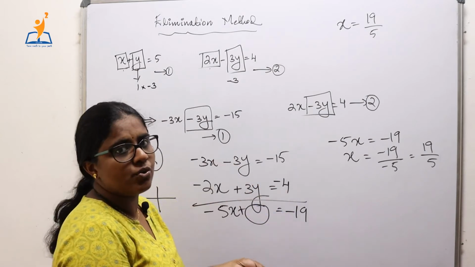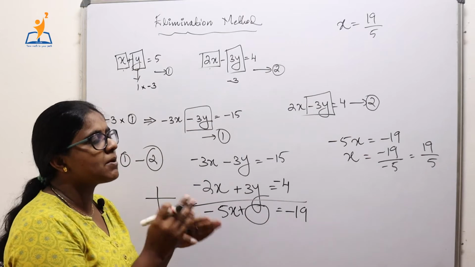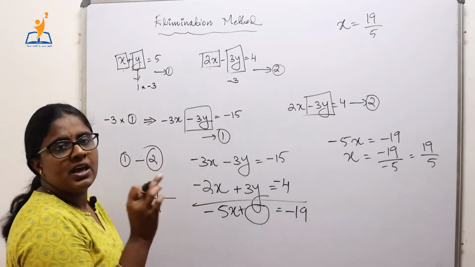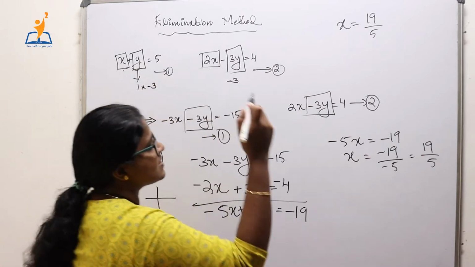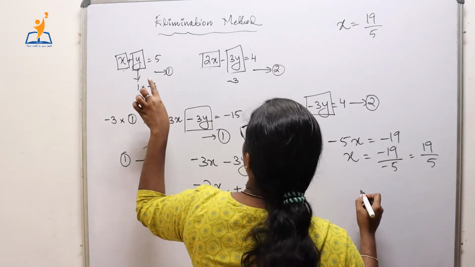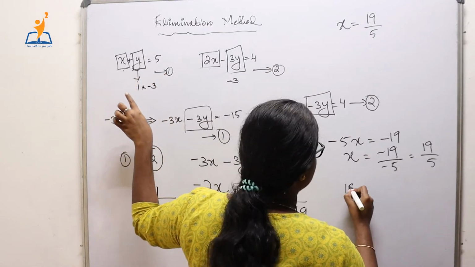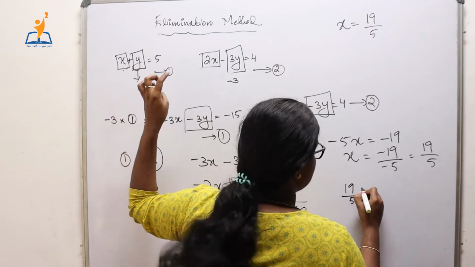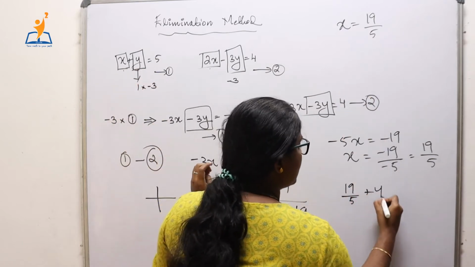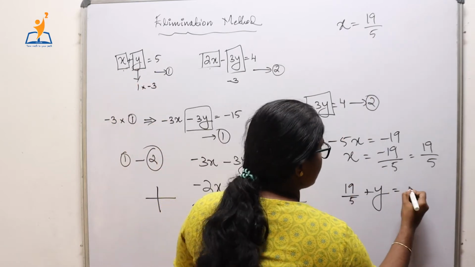Now what do we have to do? We have to substitute x equal to 19 by 5 in our equation number 1. That is, 19 by 5, that is x, plus y, which we don't know, equals 5.